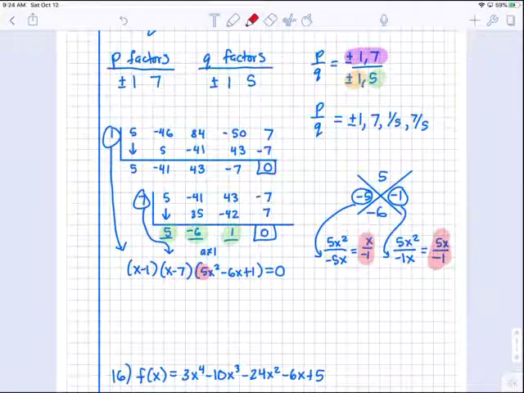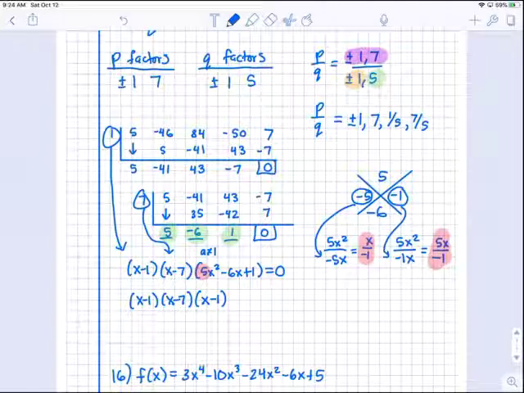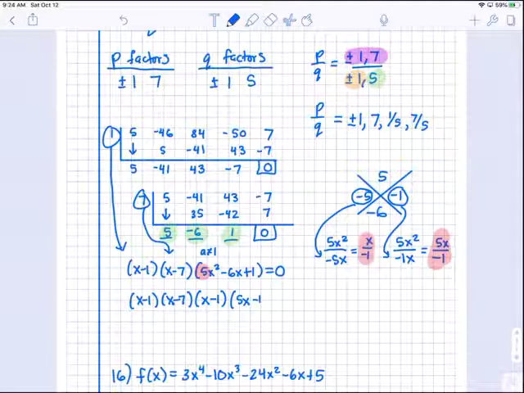So we're going to rewrite the polynomial. So x minus 1, x minus 7, x minus 1, that's coming from over here, and 5x minus 1, which is coming from over here. All of that is equal to 0.